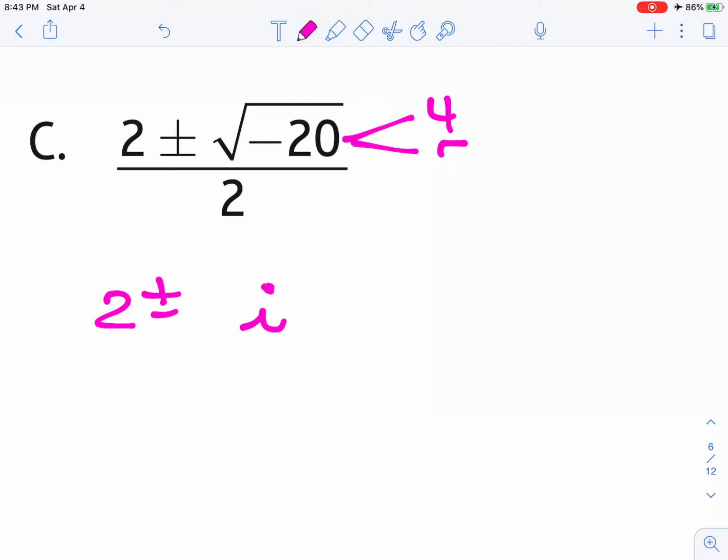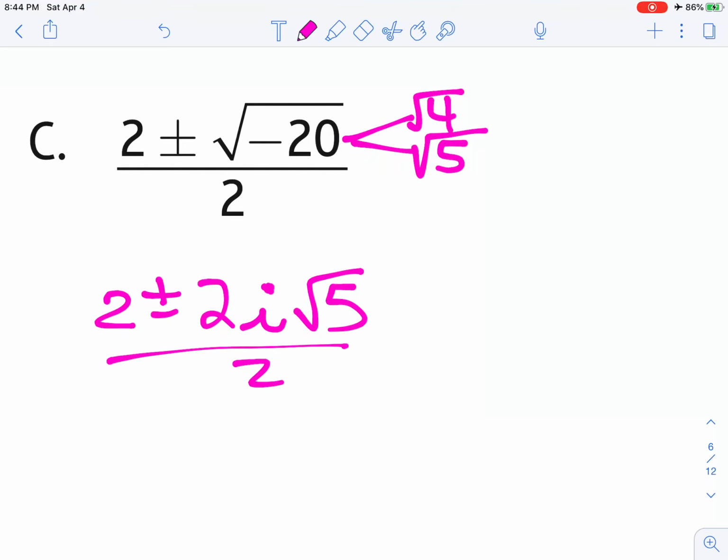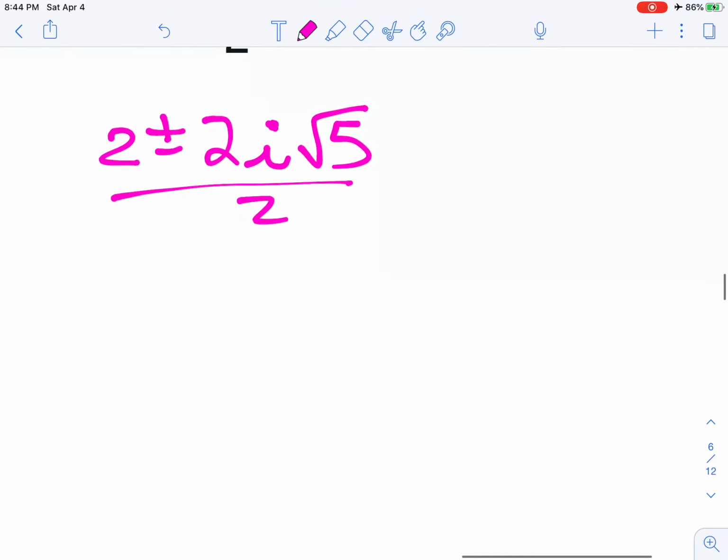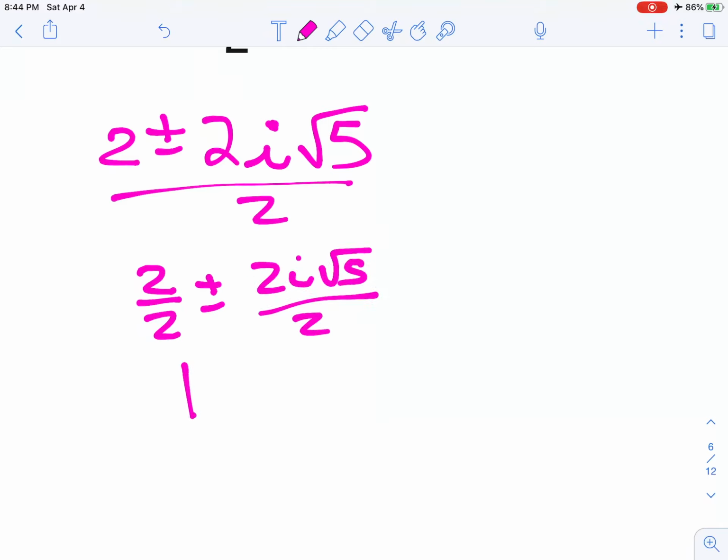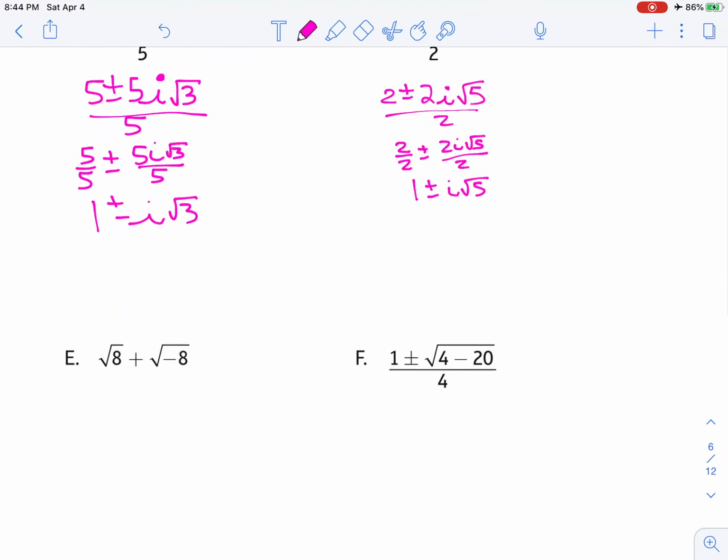Gonna have an I. This is 4 times 5. So the square root of 4 is 2. And we can't take the square root of 5. All over 2. To simplify this, we split it up. Get 1 plus or minus I radical 5.